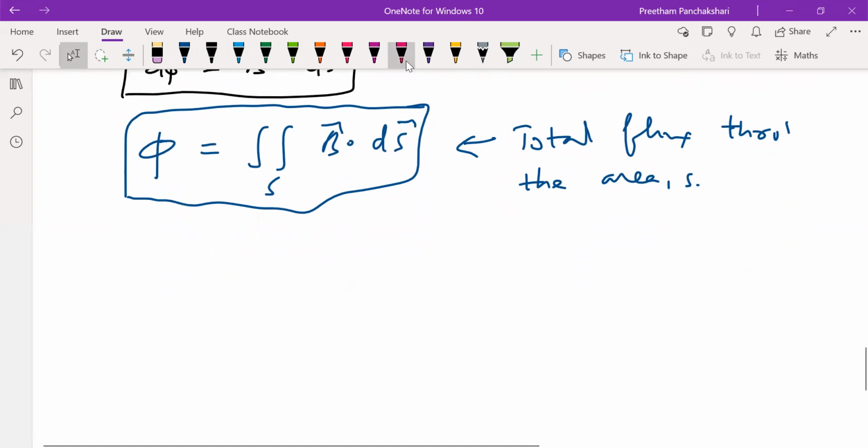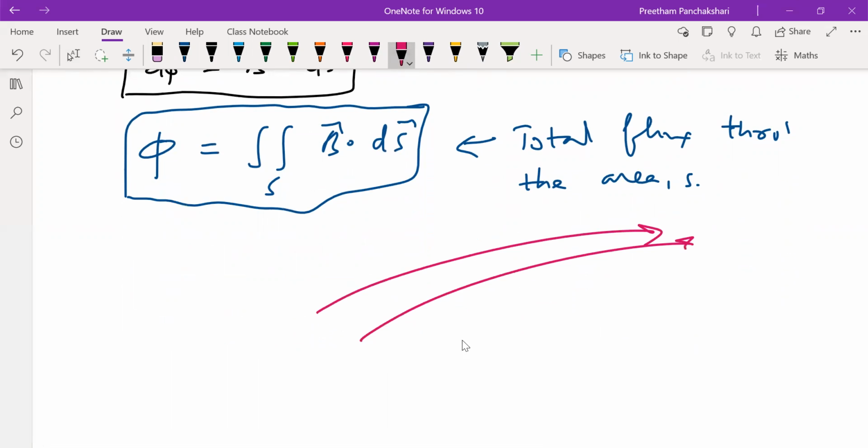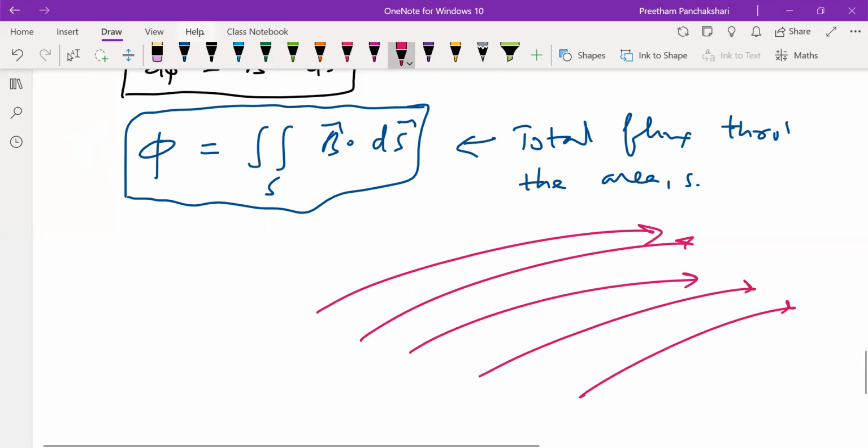That means if the magnetic flux lines are passing like this, then if you choose a smaller surface area, the amount of flux passing through this area is given by phi.